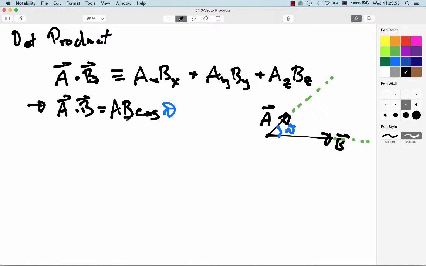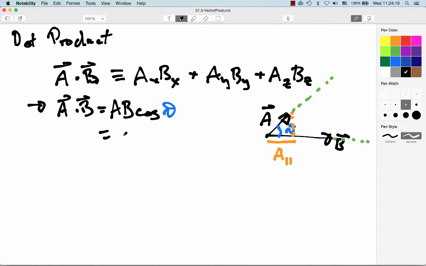Now, if we think about this for a second, what is A cosine theta? Well, A cosine theta would be what you get if you project the vector A onto the vector B. We call that projection A parallel.